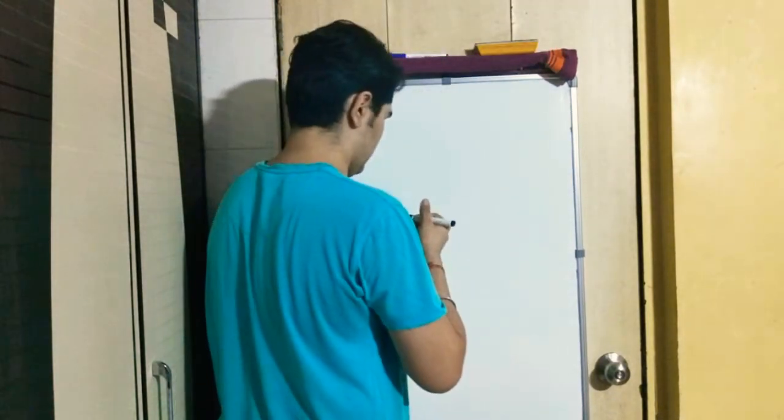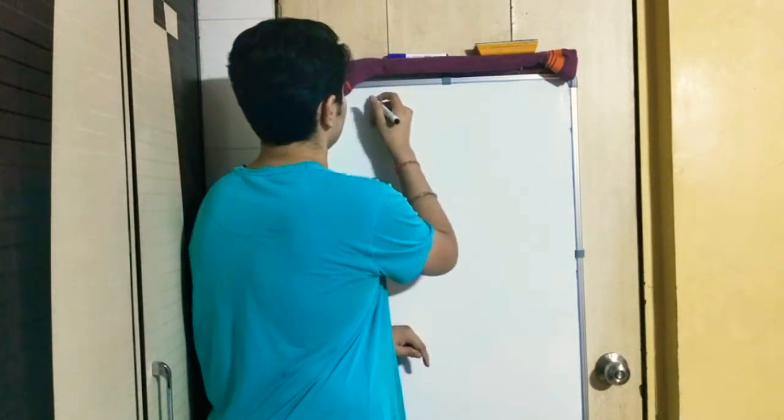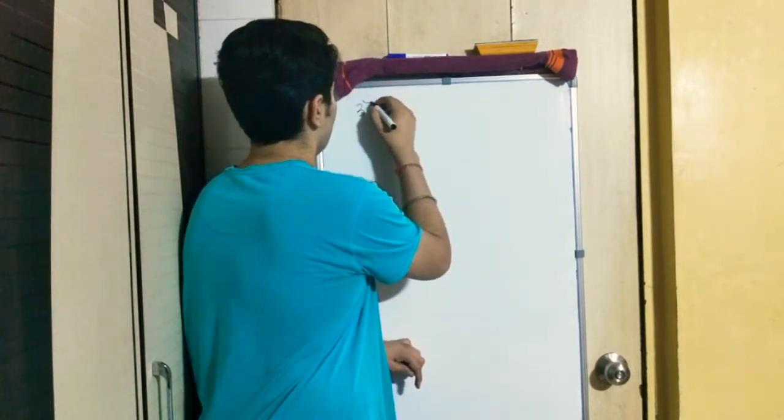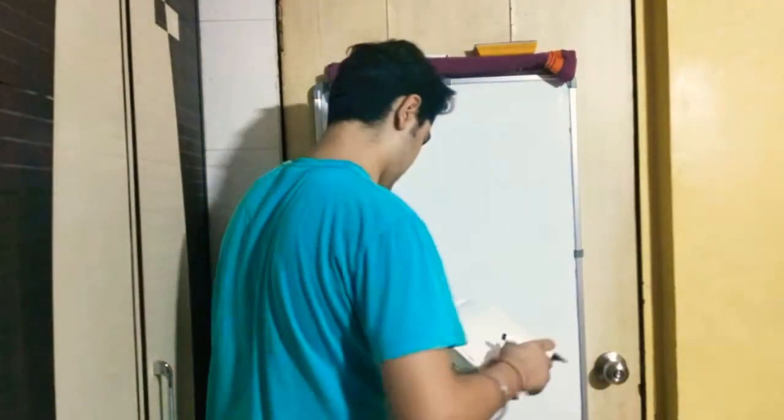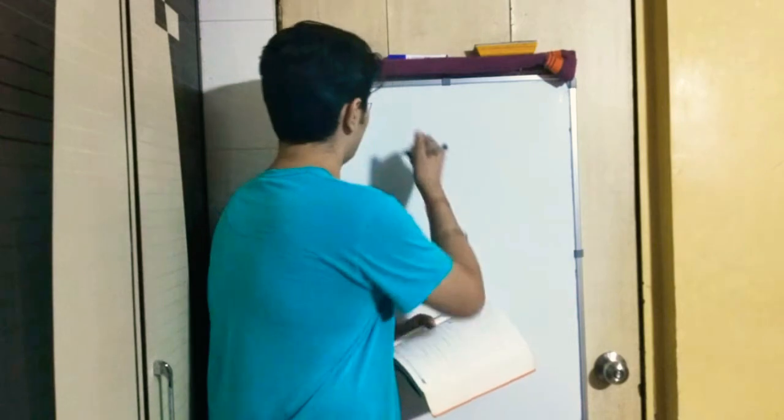So we get on to the third sum. A is equals to 1, 4, 2, 3.